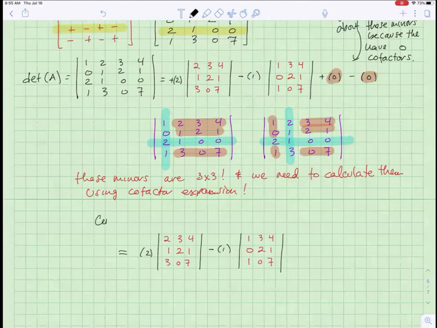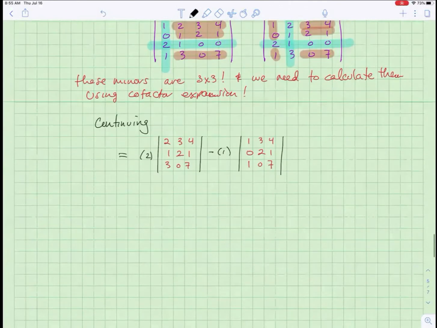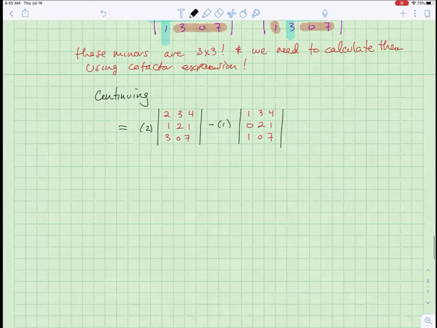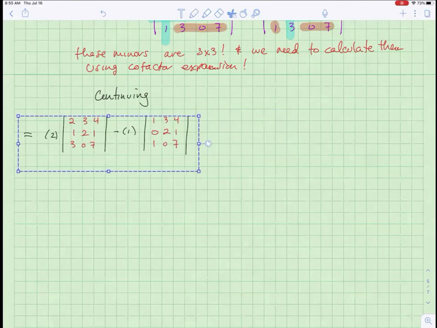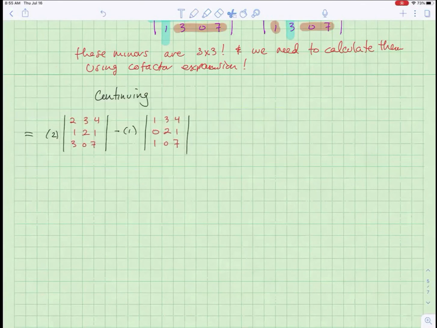So continuing. Let me move this over. This is equal to 2 times. So we have to expand here.